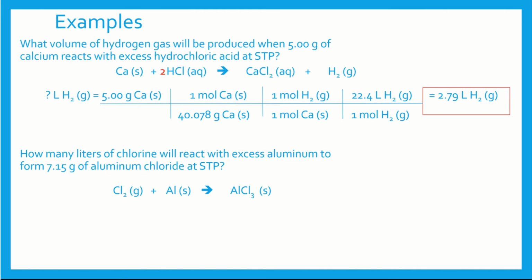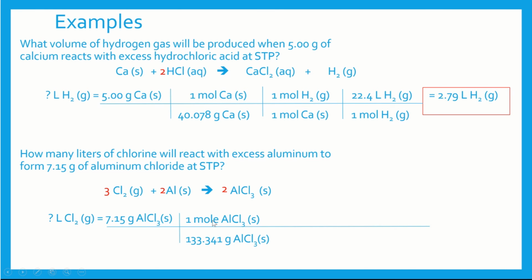All right, as with all good stoichiometry problems, we have to balance an equation first. So 3 chlorines react with 2 aluminums to form 2 aluminum chlorides. Now we're looking for liters of chlorine in order to get 7.15 grams of aluminum chloride. Now, step 1, we need to go from grams to moles.